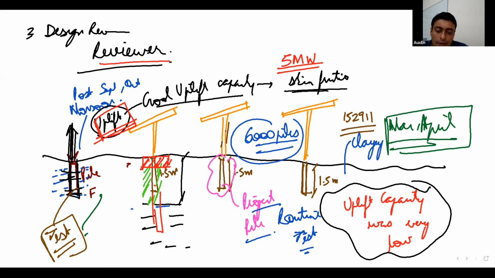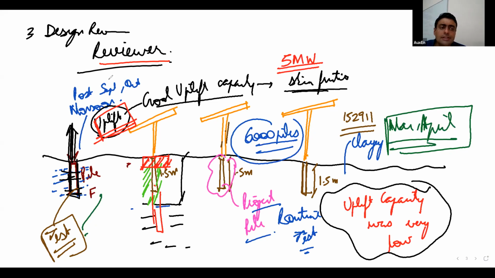All right, then we will discuss another case. So how were we involved in this case number 3? We were involved in this case number 3 as, I told you, design reviewers.